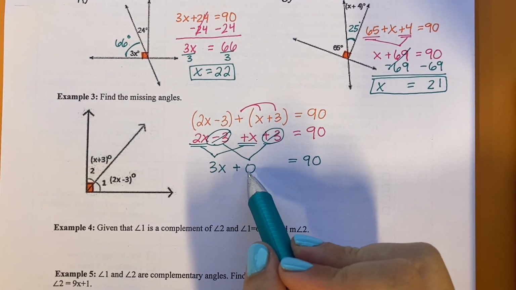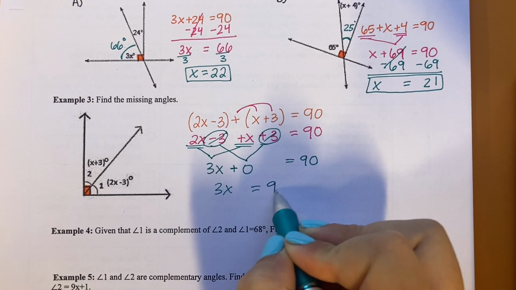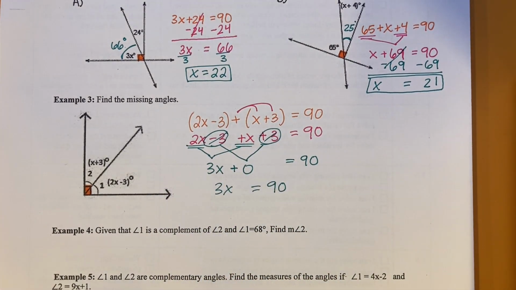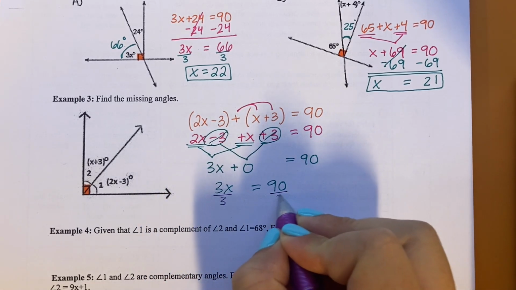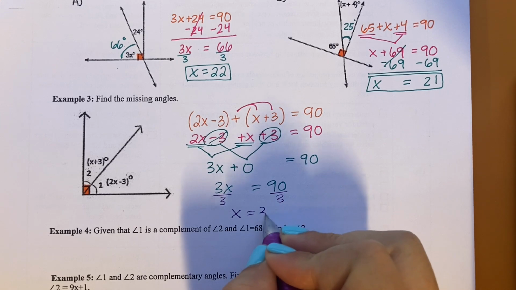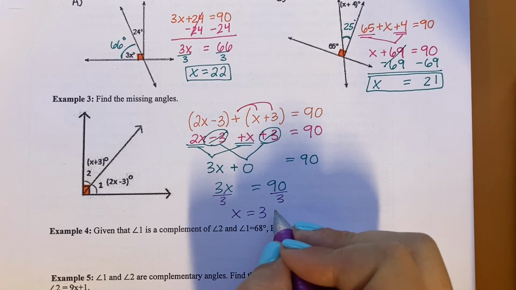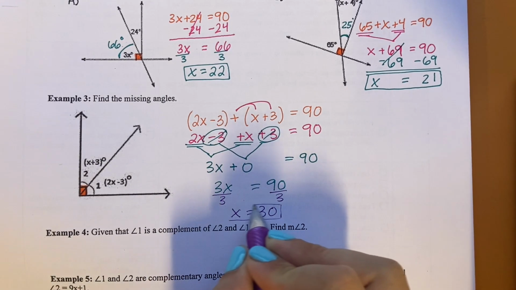And because it's a 0, we don't really need to write it. 3x equals 90. We may then divide the 3 off of the x. X equals 9 divided by 3 is 3. 0 divided by 3 is 0. So we get x is 30.